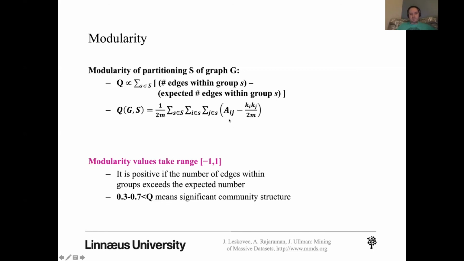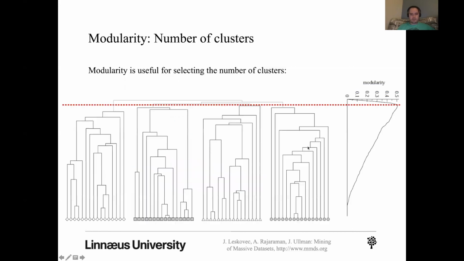And we expect this to be large. Yeah, normalizing constant, because we're dividing by two times m, because that's the total amount of edges. And again, this is the same thing that I just said.